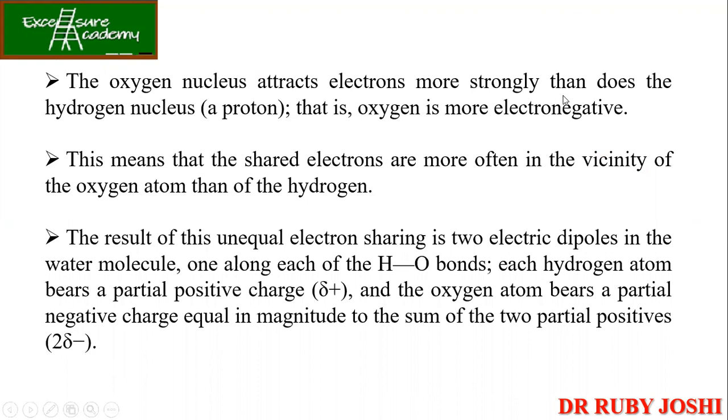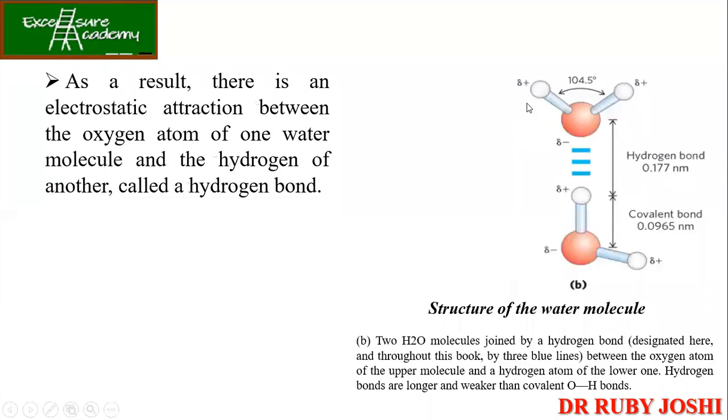So in total, how is it going to be? As I already mentioned, the two hydrogens have partial positive charges, and oxygen is going to have two negative charges. Simple maths. Now, as a result, there is an electrostatic attraction between the oxygen atom of one water molecule and the hydrogen of another, and this helps in the formation of the hydrogen bond between the water molecules.